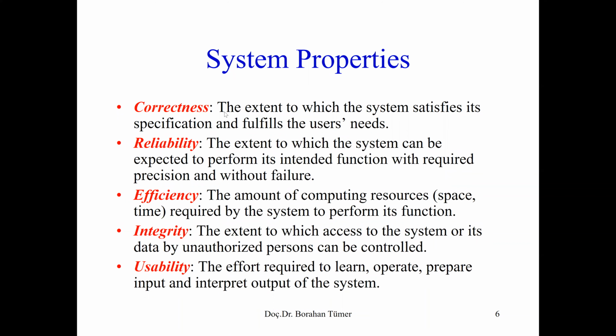Now let's see what the definition for correctness is. It is the extent to which the system satisfies its specification and fulfills the user's needs. On the other hand, reliability is the extent to which the system can be expected to perform its intended function with required precision and without failure.